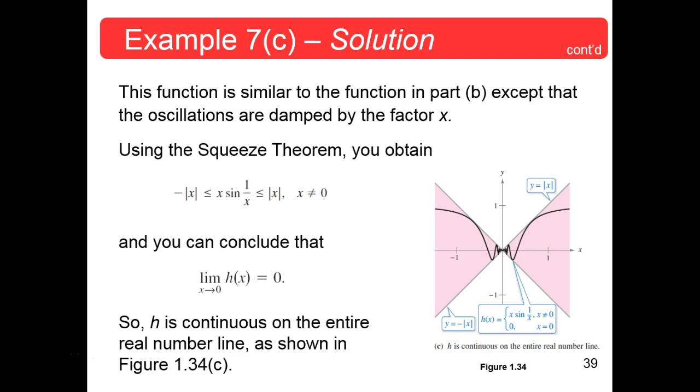Minus the absolute value of x, because sine of 1 over x, as weird as that thing is, as long as x is not 0, that's still defined. This is going to stay between plus or minus 1. So the minimum it'll ever be is minus x, and the maximum it'll ever be is plus x, because this is always between plus or minus 1. So the minimum is going to be here, the maximum is going to be there, as long as x is not 0.